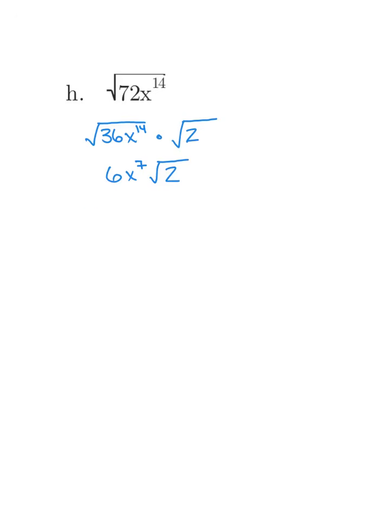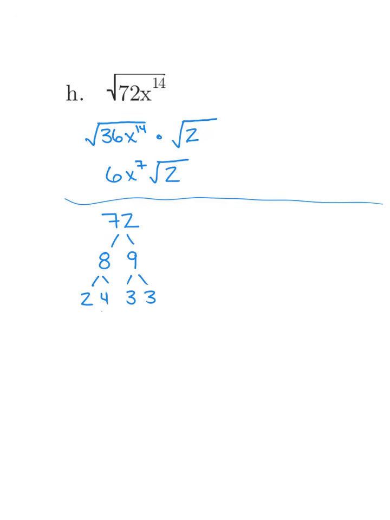Alright, so let's look at this using factoring. If I factor this, 72, give me two numbers that multiply to 72. I'm going to go with 8 and 9. 8 is equal to 2 times 4. 9 is equal to 3 times 3. And 4 is equal to 2 times 2.